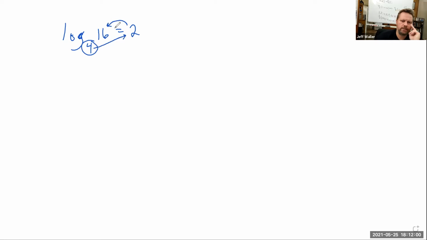Okay, I like it. So remember, the answer to a log is always a power. It's the power that the base needs to become the inside. So what if I had this? One half. Yes, because 16 needs to be square rooted to become 4.